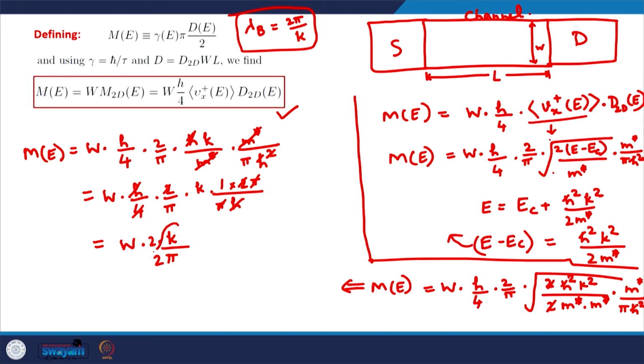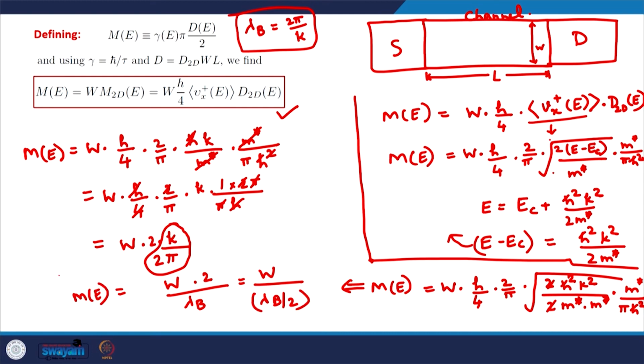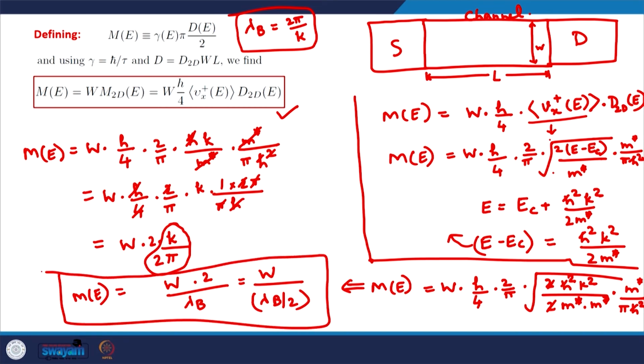So, if we have this here, it becomes W times 2 divided by lambda b, or W divided by lambda b by 2. So, this is actually the number of modes in a 2D device, in a two-dimensional device. Number of modes in a two-dimensional device is actually width divided by the half de Broglie wavelength of the electrons.